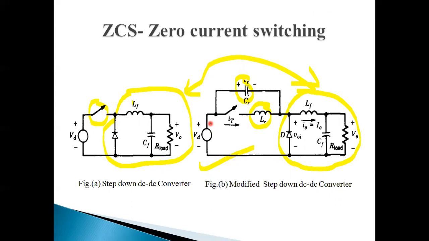Current starts flowing through the positive polarity and returns back to the negative polarity. The load will get the energy when the current is flowing through this polarity and returns back to the negative polarity.